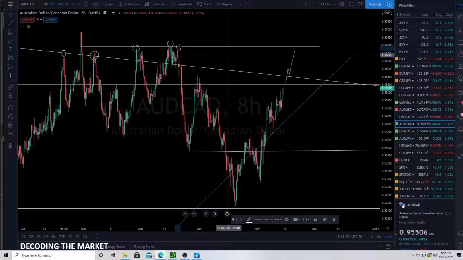So most likely it's going to react the same way, and the price is going to come back to this level and maybe touch this level right here again.